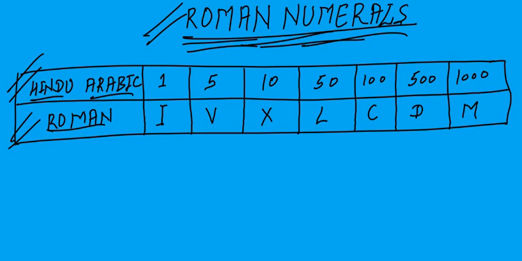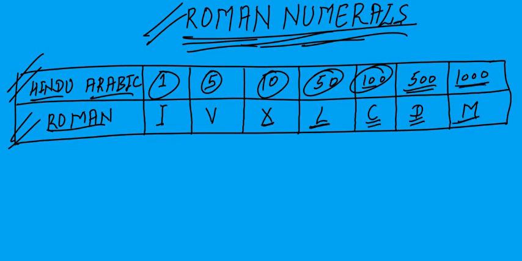The first base is 1, for which we use I. The second base is 5, for which we use V. The next base is 10, and we use X. Next is 50, for which we use L. The next base is 100, for which we use C. The next one is 500, for which we use D, and for 1000 we use M.